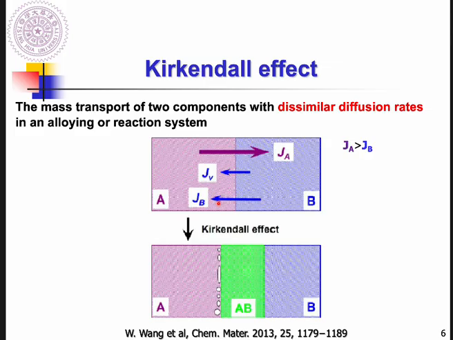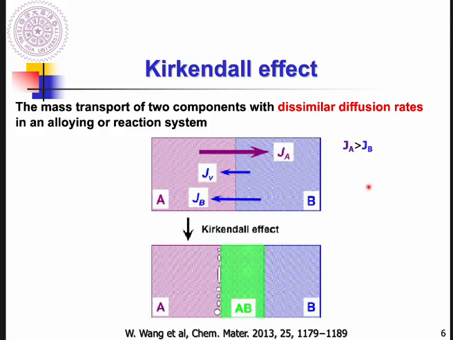But it's weird, right? Why is it weird? JA larger than JB is okay, but if there are only JA and JB and JA is always larger than JB, that means after a while this metal is going to move to the right-hand side, because JA is always larger than JB.